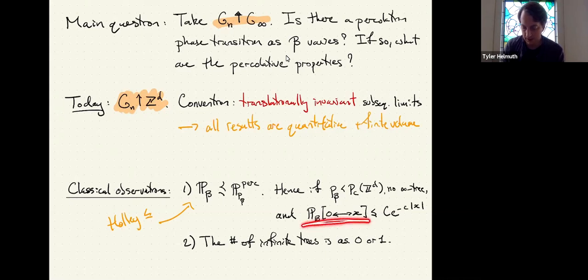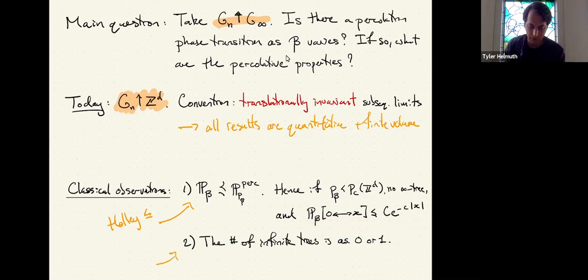So that's what I mean by this event, 0 double arrow x. The probability that 0 is connected to x inside some component of the random forest decays exponentially in the distance to x. So you can easily prove that there's sort of some almost independent phase.